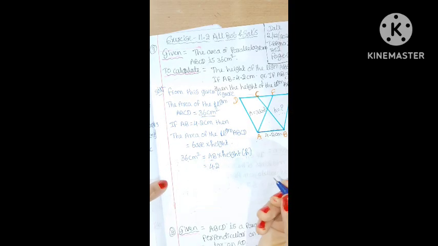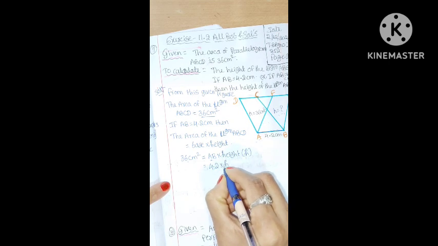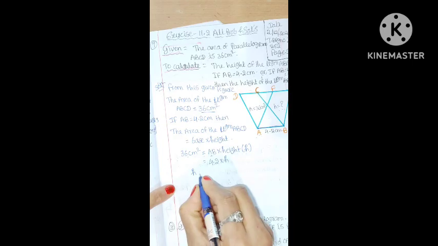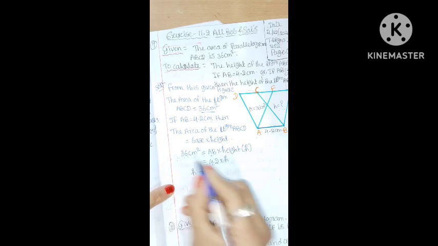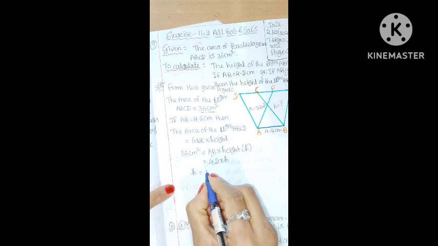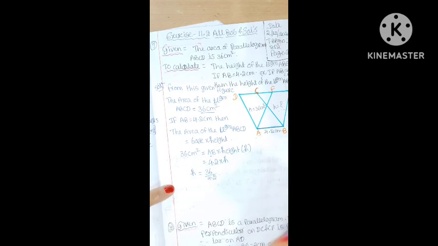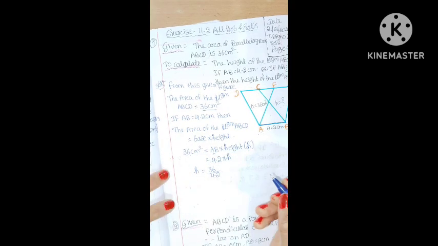That is 4.2 centimeters into H. So, H is equal to 36 by 4.2. H is equal to 36 by 4.2.